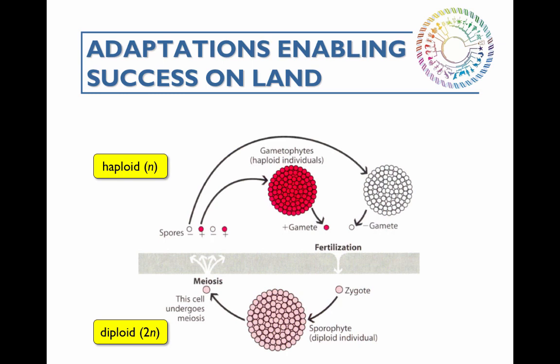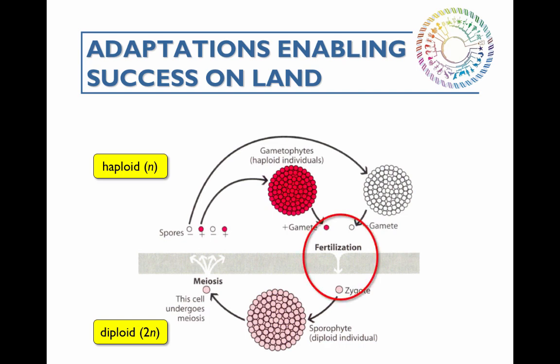But if you think about the adaptations to avoid drying out in terms of the life cycle, we can see that although it's possible to have a gametophyte and a sporophyte which are both covered in this waxy cuticle, there are two stages in the life cycle which are very vulnerable.